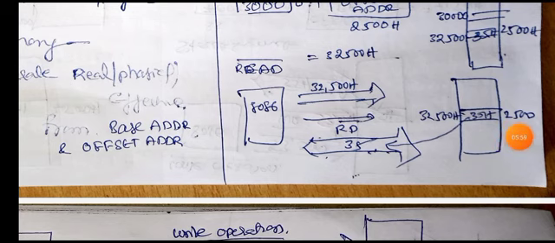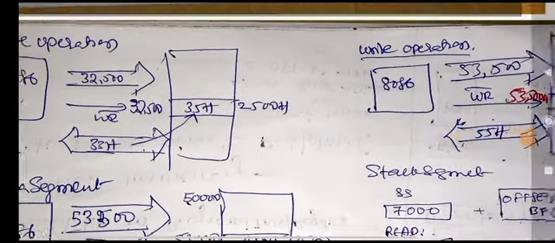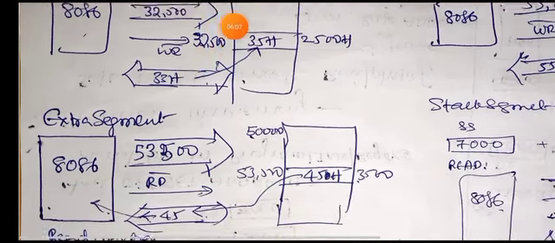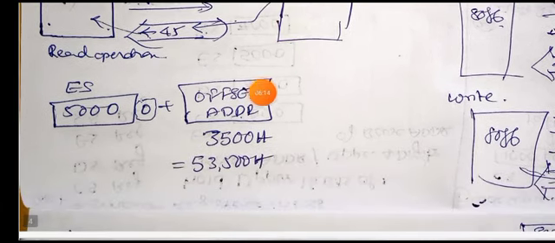That is in the case of the data segment. In the case of the extra segment, the offset address of the data must be in the DI register. So the DI register is added to the ES register.